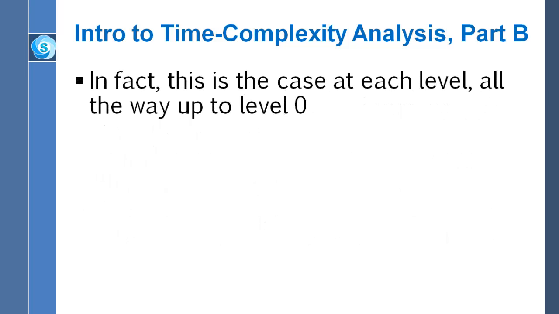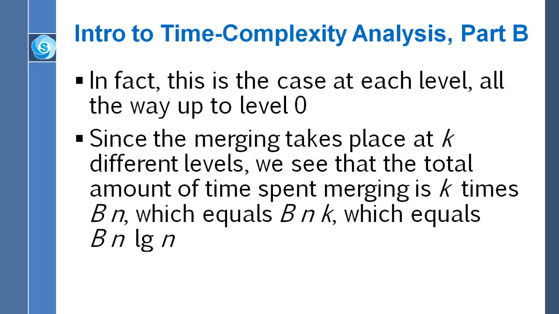The same is said of the level k minus 3 mergings, same thing, b times n. And this reasoning goes all the way up to the top level, level 0. The amount of time required to merge at level 0 is again capital B times n.